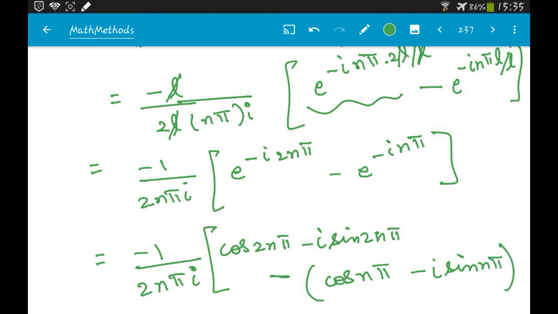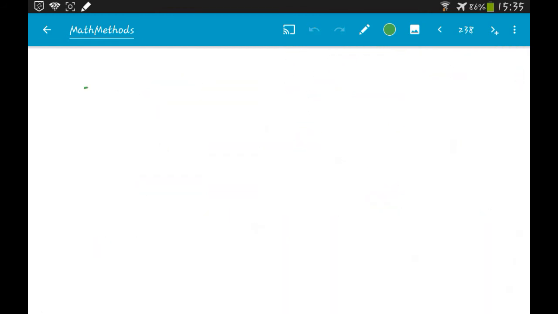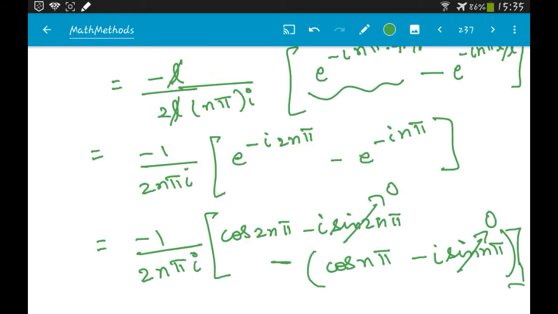Okay, so sine n pi and sine 2n pi are both going to be 0. This we already know whether n is odd or even. So we are left with 1 by 2n pi i, cos 2n pi minus cos n pi.